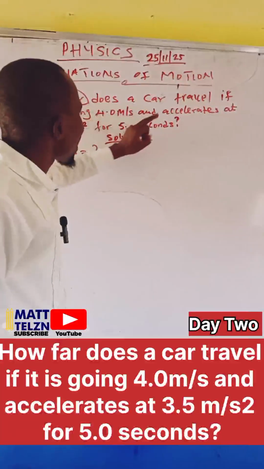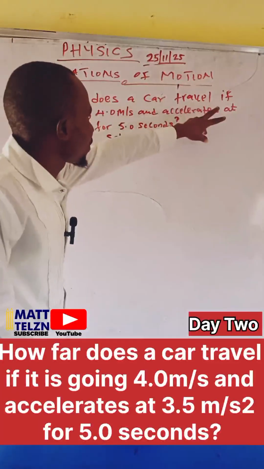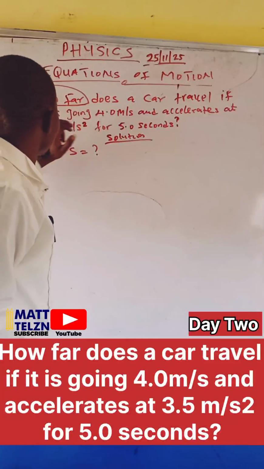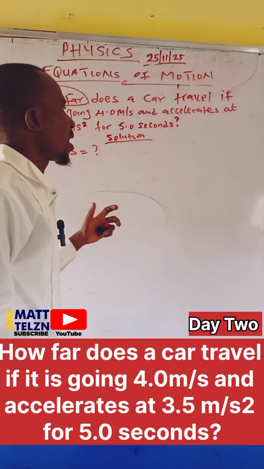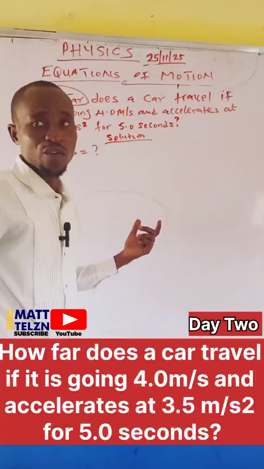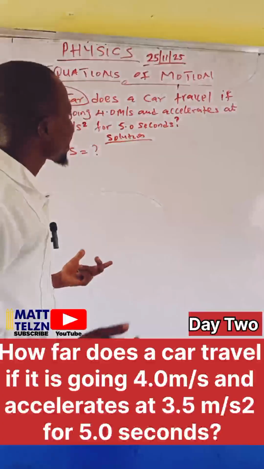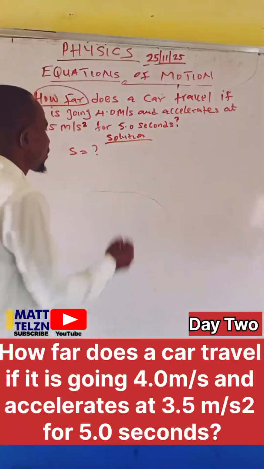Good. How far does a car travel if it is going 4.0 meter per second? Now, what type of velocity is that? If it is going, that means its initial velocity.